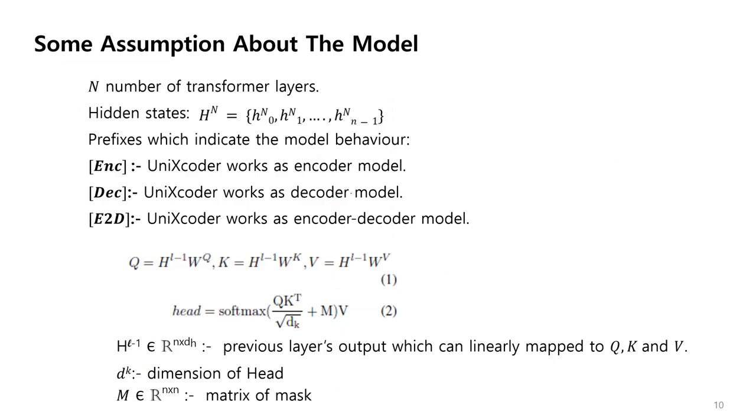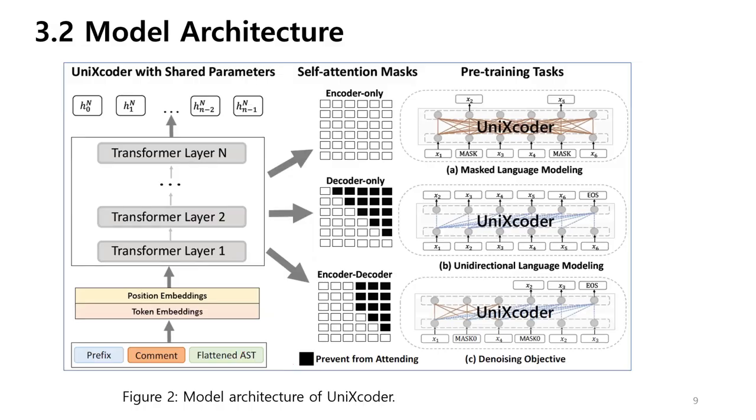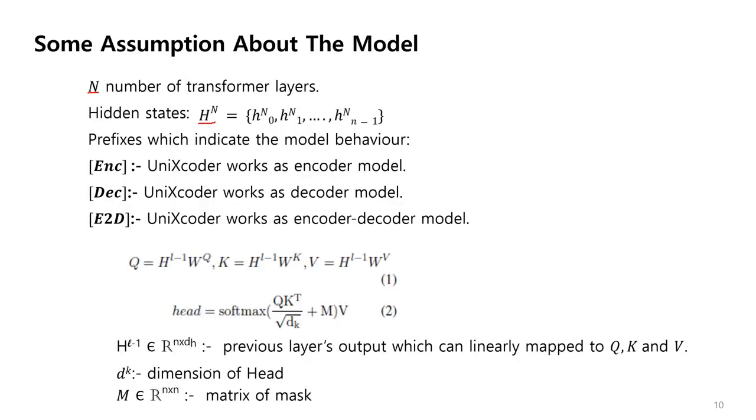Okay, when we talk about the model, there are some assumptions. We have n transformer layers. We have hidden states of all the representations in this way. So in the previous slide, if you see this prefix, these are the prefixes. Enc means UniXcoder is working as an encoder model. Dec means decoder.